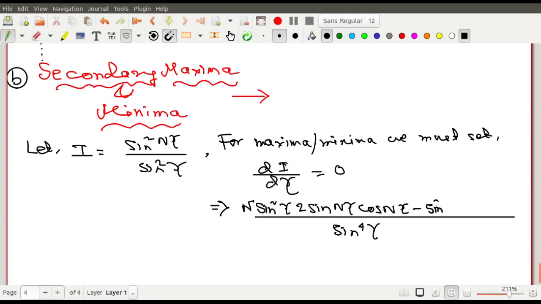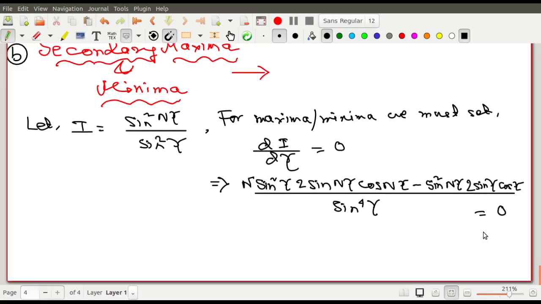So the numerator is sin square n gamma, that will be constant, and the derivative of this one, that is 2 sin gamma cos gamma, that will come out to be 0. দেখা যাক এই কন্ডিশন থেকে আমরা কী কী পাই। So let us see what do I get from here.